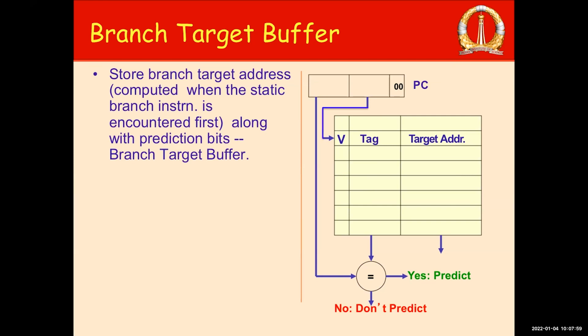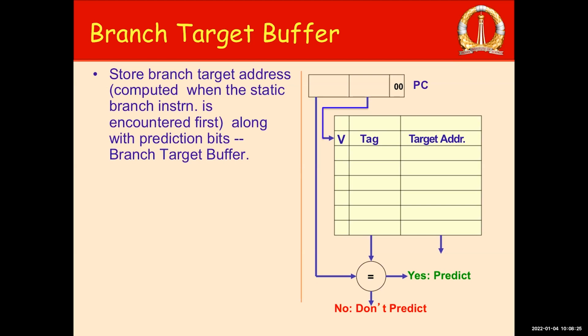Therefore, during the instruction fetch phase, just using the program counter, if you can index into the branch target buffer and find an entry which has a target location, then it means that that particular PC is a conditional branch instruction. You don't even have to do the instruction decoding.